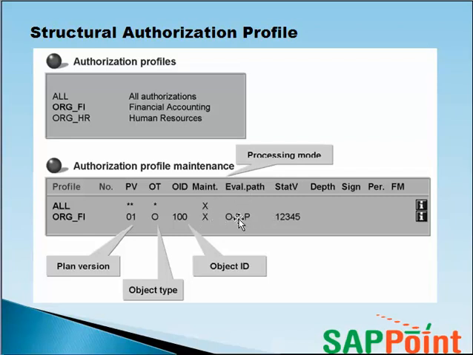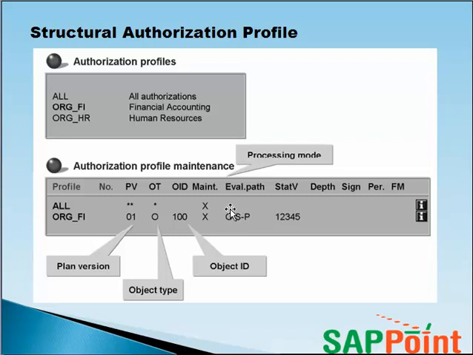Now by entering the evaluation path, you determine that the user is only authorized to access objects along this evaluation path. So say OSP: O is for org unit, S is for position, P is for person.